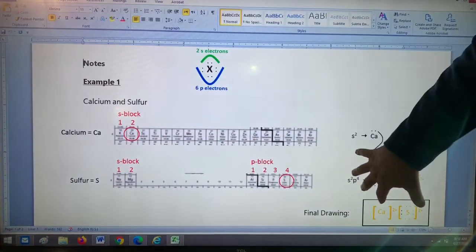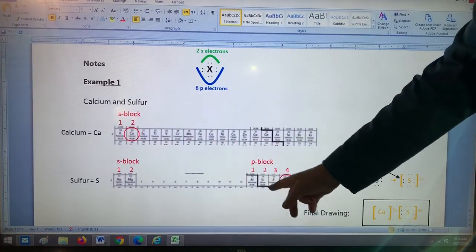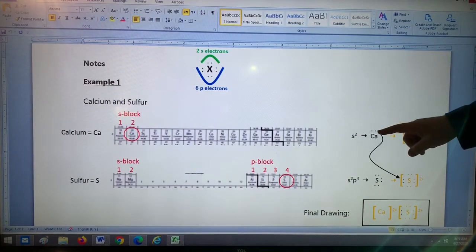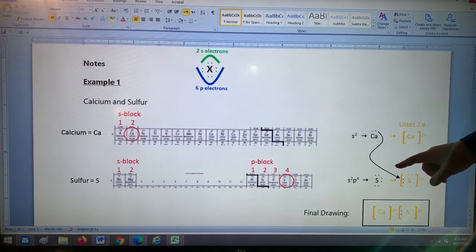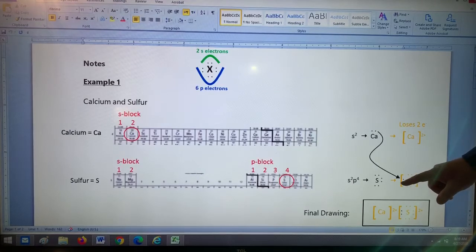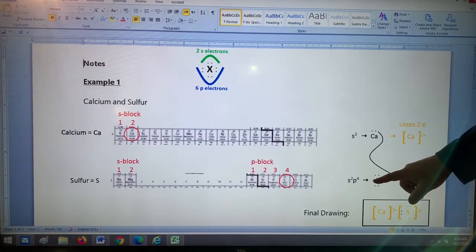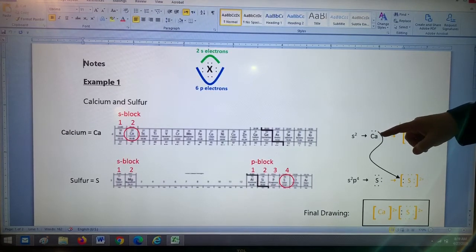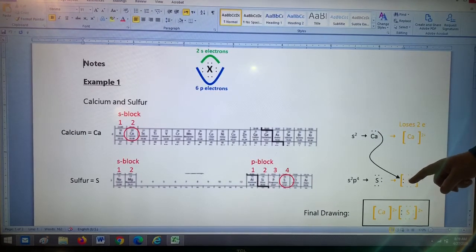On the right are the non-metals, so here's the line. Sulfur's on the right as a non-metal. So these 2 dots are going to be lost, and they're going to be given to this sulfur atom in the empty spot. So here in this picture, you can see that I've taken the 2 calcium electrons, and I put them right here to make this guy have a complete set.